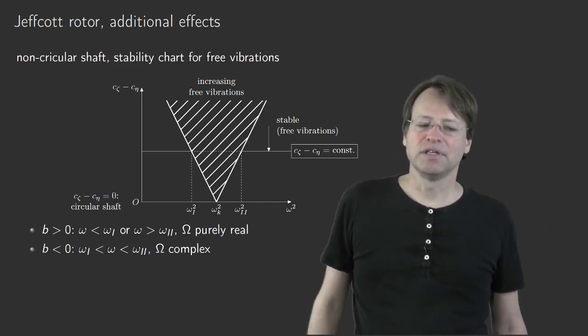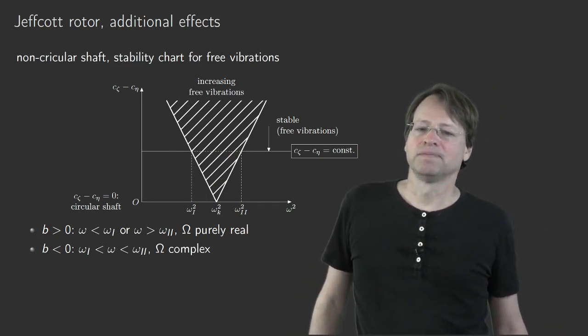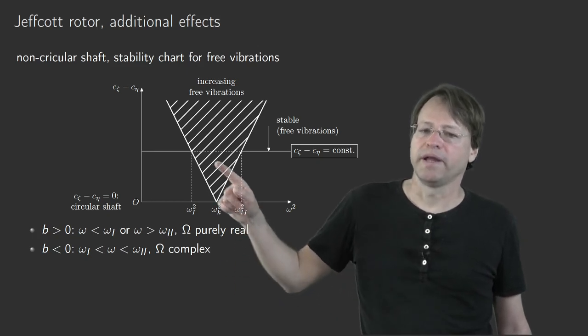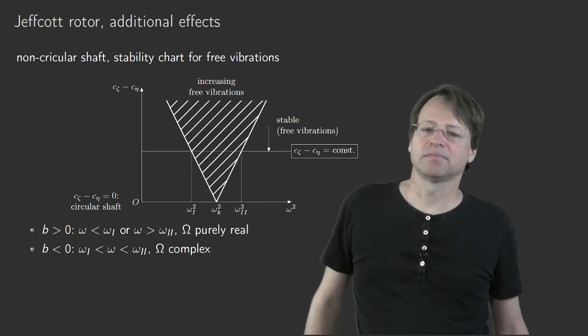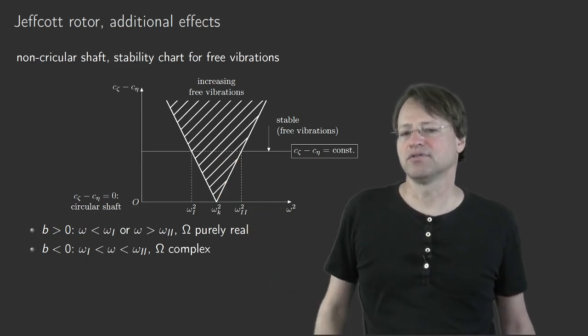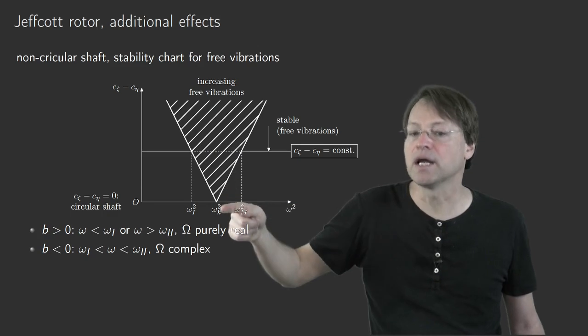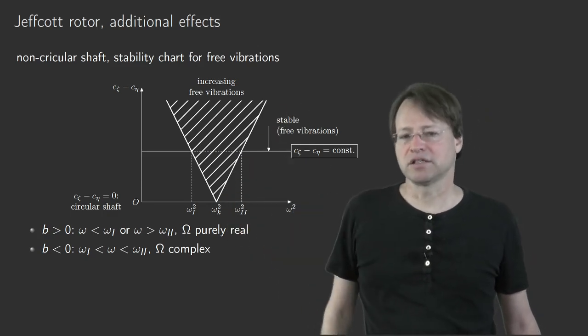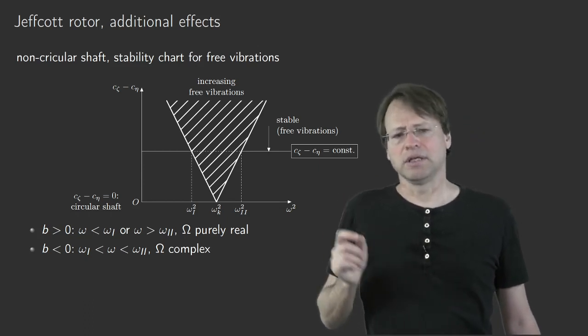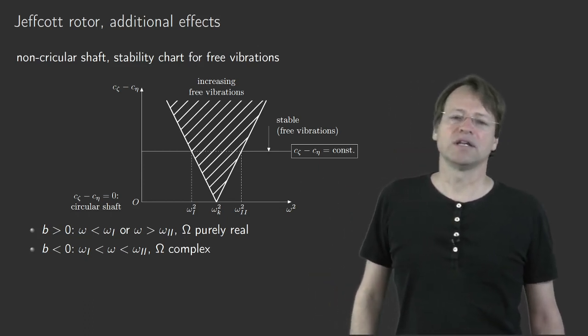So that has to be avoided. And it's exactly the range where the stiffness matrix becomes indefinite and where the homogeneous solution tends to infinity. So the borders of that wedge are the case where you have resonance due to an imbalance.